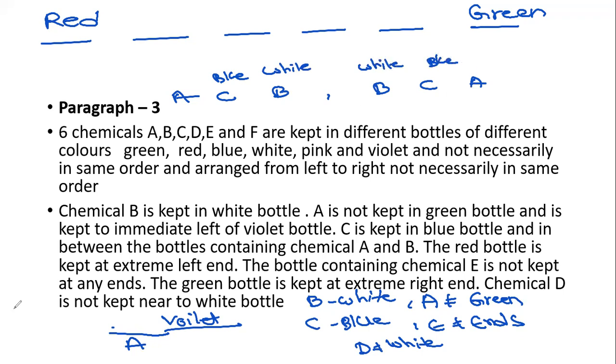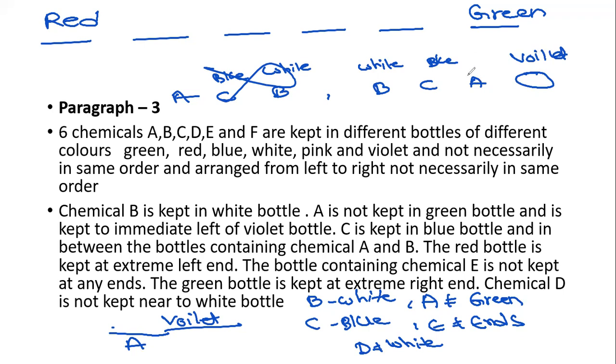Now we have one condition with A and violet color, guys. What is the condition? Violet color left side should be A. If you look at ACB, violet's left side is not A. Blue color left side is A. Yes or no? So ACB combination is wrong. You can say that BCA combination is right. Violet's color left side means here the violet bottle will come, and whatever chemical is taken, that chemical we can write.